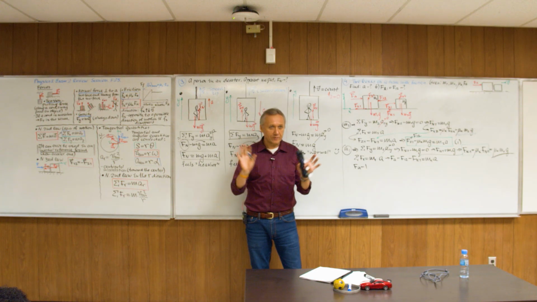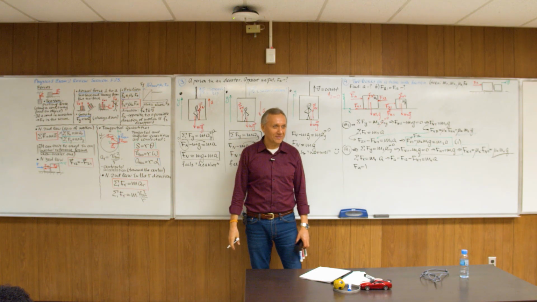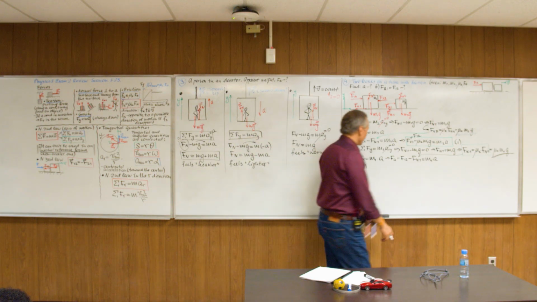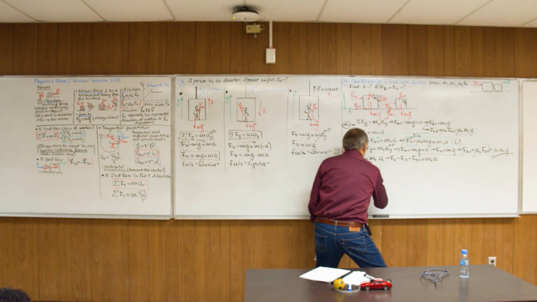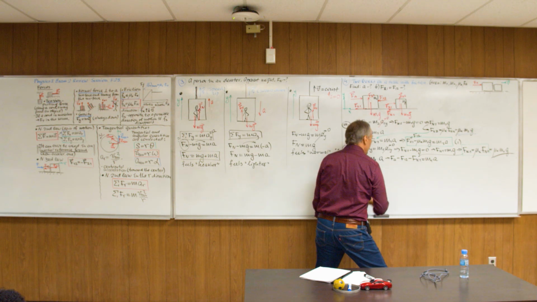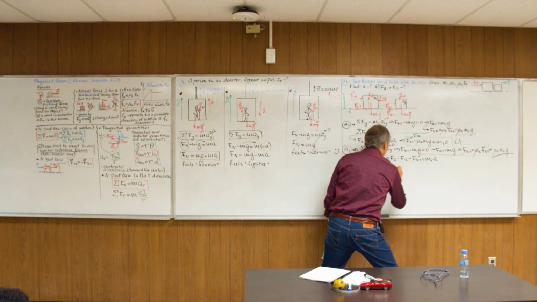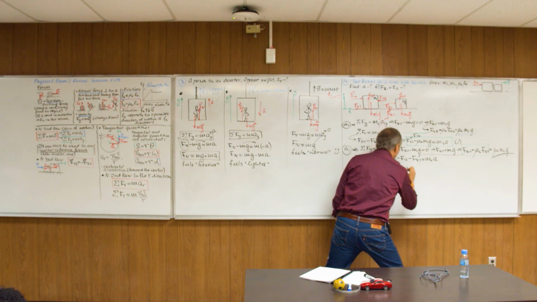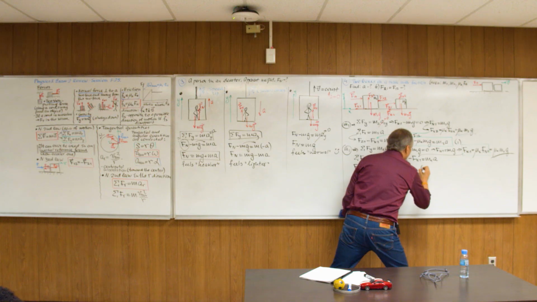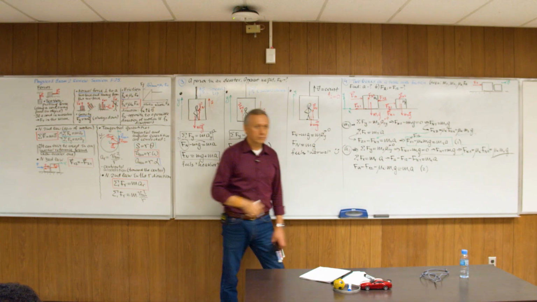So we will have only 2 unknowns, not 3. Right? Okay. So minus F12 and minus mu k m1g equals m1a. So equation number 2.